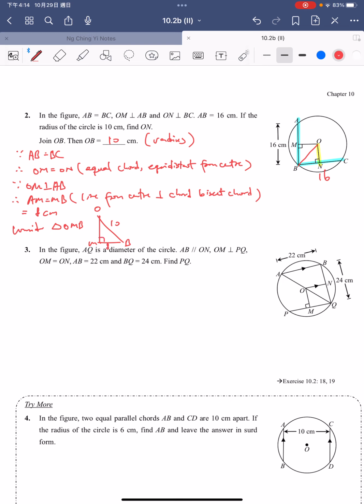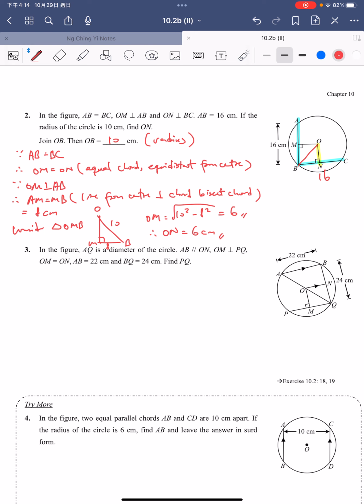So OMB is a right angle, so we can use Pythagoras. So OM is equal to the square root of 10 squared minus 8 squared, which will give you 6. So as OM is equal to ON, we can say the required length ON is equal to 6 cm.